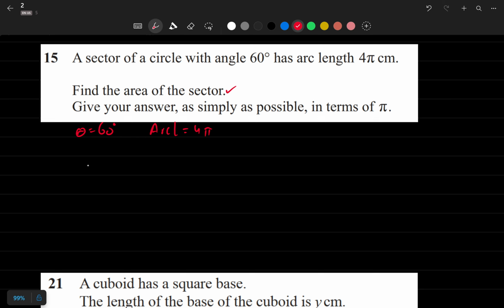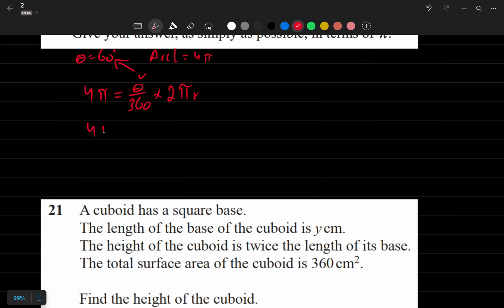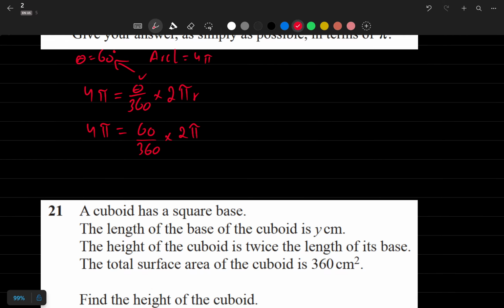Now the formula for arc length is equal to theta by 360 into 2 pi r. Now we know that theta is equal to 60 degree. So 4 pi is equal to 60 by 360 multiplied by 2 pi.